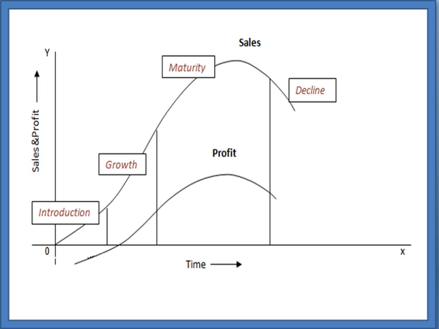Here we can see the product life cycle diagram. On the Y side we can see the sales and profit. On the X side we can see the time. I told you we have four stages in PLC: introduction, growth, maturity, and decline.